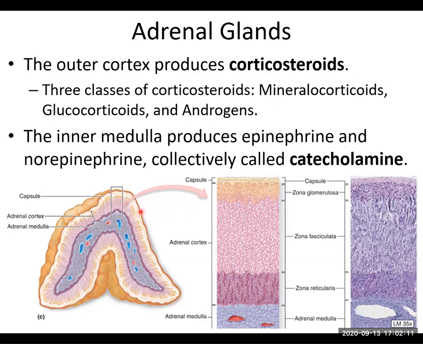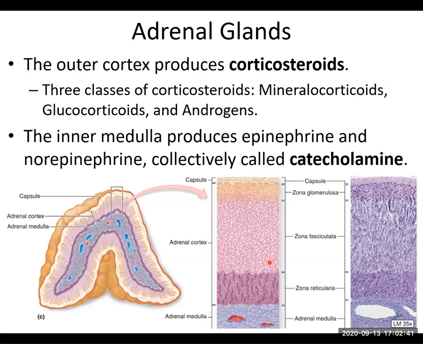And if we look into this layer, we can see that in the cortex, we have three layers: zona glomerulosa, zona fasciculata, and zona reticularis. And these three layers are in the adrenal cortex.